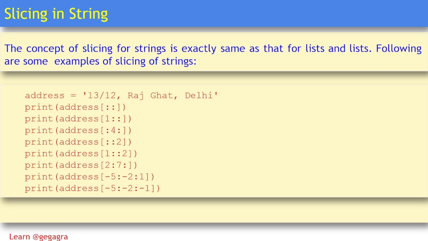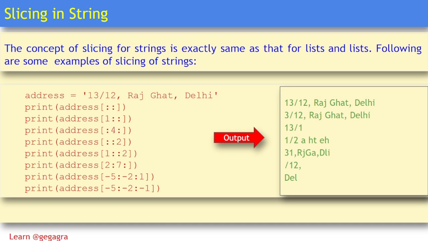See here, the entire string is printed. And over here it should start with 1, there is no stop and there is no gap, and that is why it will start from 3. So from this character to the end, 3 by 12, this string is printed.